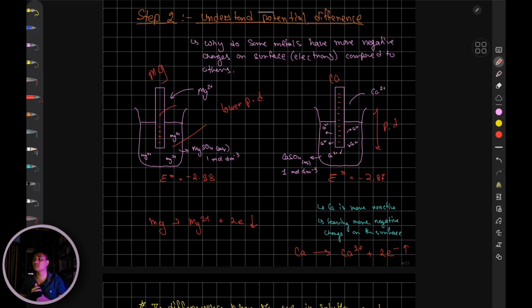So let's say you had aqueous NaCl, and the sodium ion is very reactive. It is not going to get discharged at the cathode, because it has a highly negative electrode potential compared to hydrogen, which is why it remains as ions, and the hydrogen takes the opportunity and gets discharged.